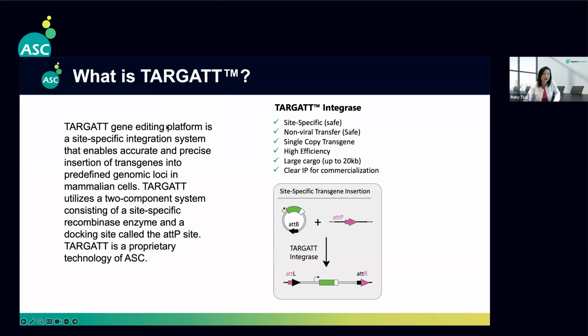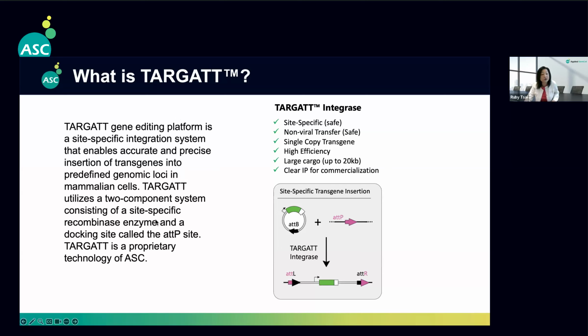So now TARGATT, this gene editing platform, really offers much higher insertion efficiency. So TARGATT uses integrase. It's a kind of serine recombinase, and it performs site-specific integration and enables accurate and precise insertion of transgenes in a predefined genomic locus.